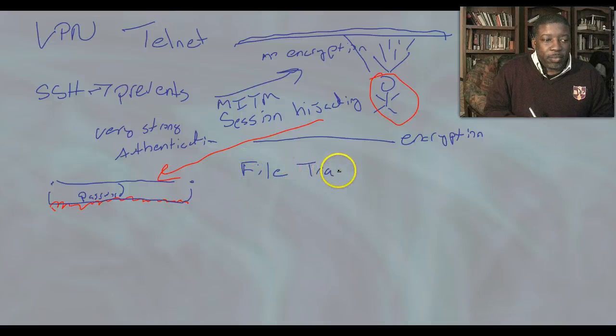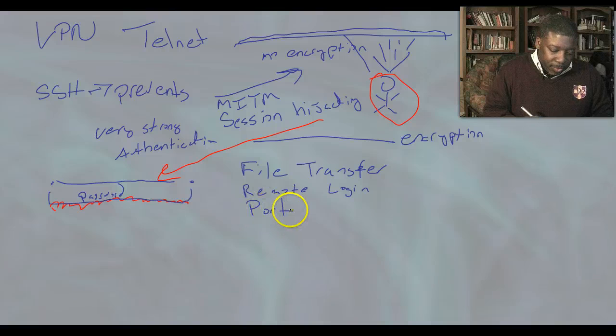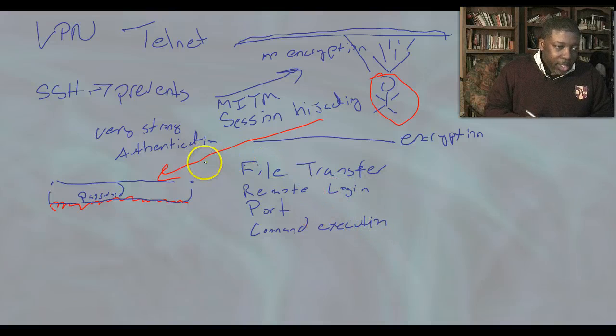You know how you send a file from your computer to another computer. You could do remote login. I think you could change ports. You could do all sorts of things that you couldn't do before. But the main thing is command execution. Basically, you could execute commands on the system. All right, so that's cool.